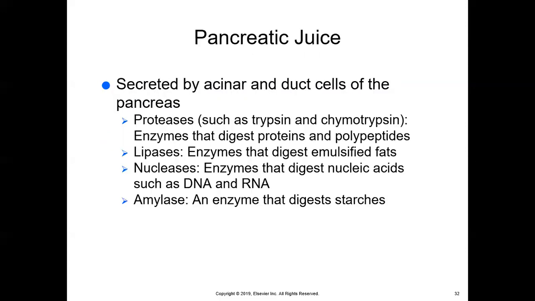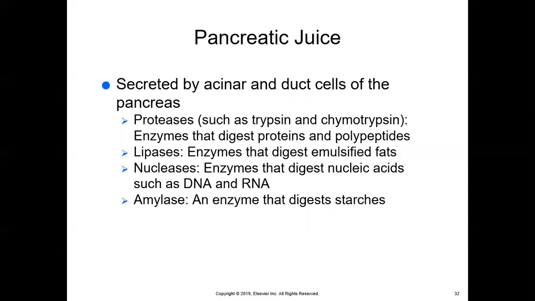All right. Now we have pancreatic juice. Pancreatic juice is secreted by acinar and duct cells of the pancreas. These are the cells involved in the exocrine function of pancreatic tissue. Proteases such as trypsin and chymotrypsin are enzymes that digest proteins and polypeptides.